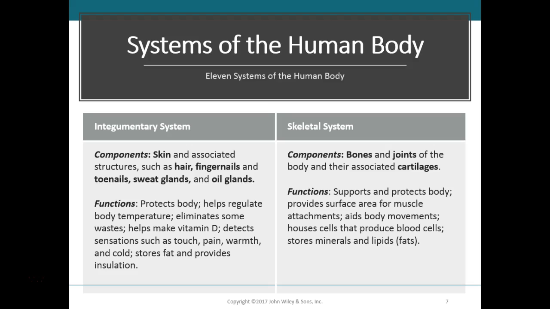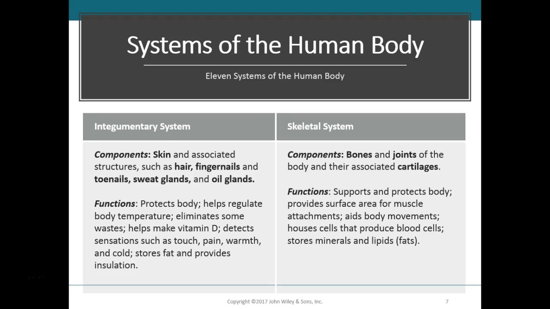So joints are where bone meets bone, and we have some movement between most of our joints, and also the cartilage that's associated with those bones and those joints. So when you think about the skeletal system, the bones of the skull and your femur, your ribs, your vertebrae, all of those are organs of the skeletal system.